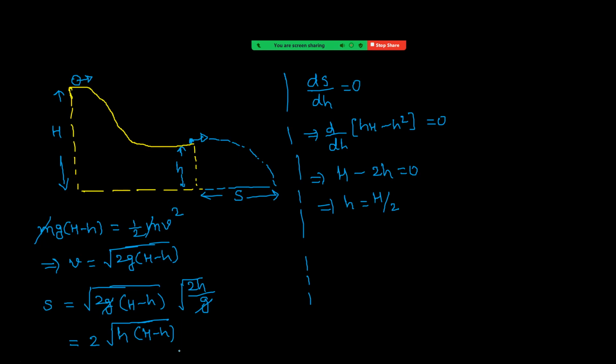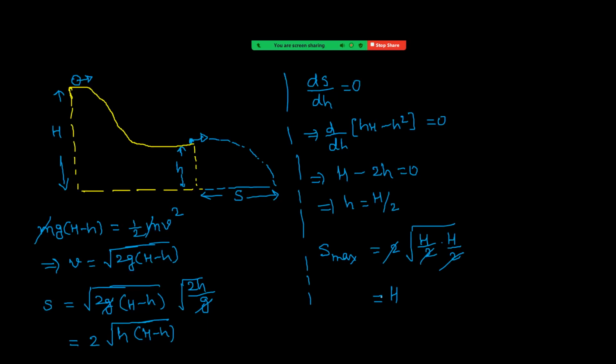Now substitute this in the range. Then see what we get. h becomes H by 2. That maximum value is 2 root of (H by 2 into H by 2). The 2 and 2 get cancelled. It is equal to H.